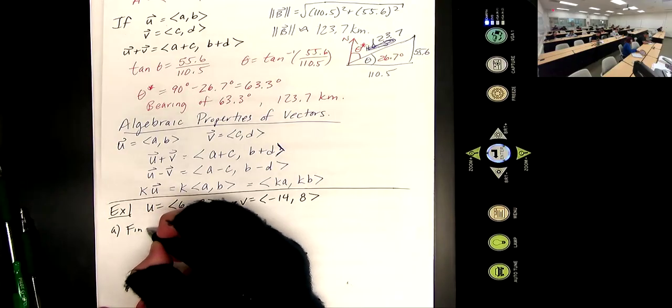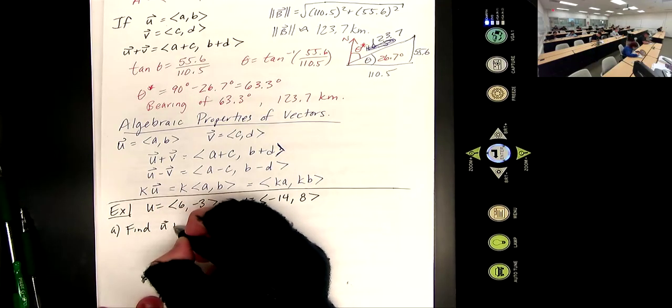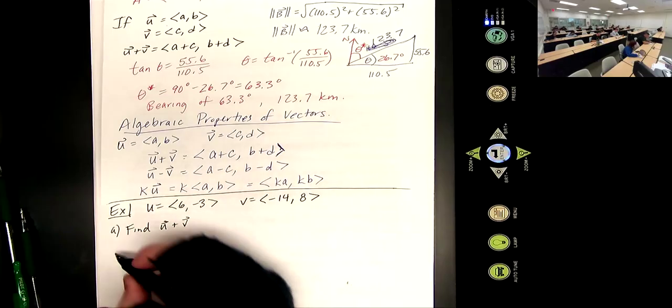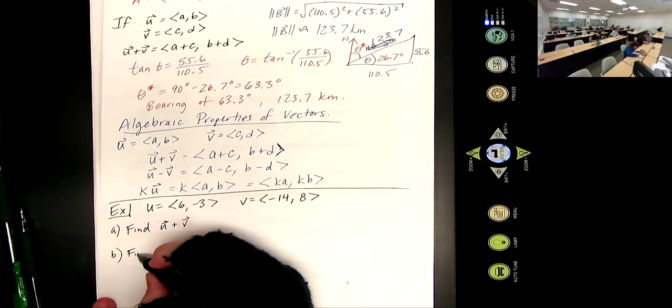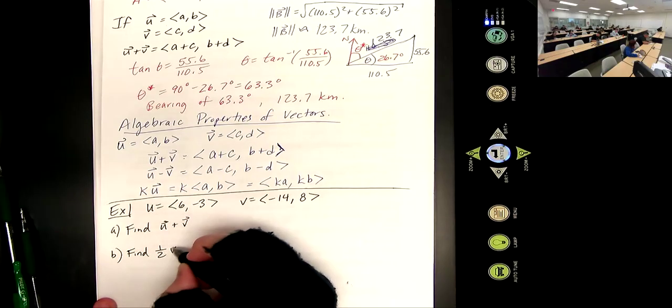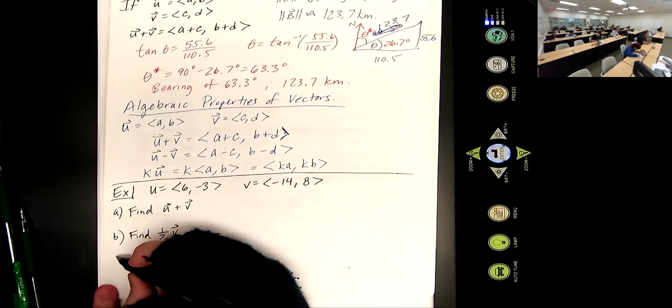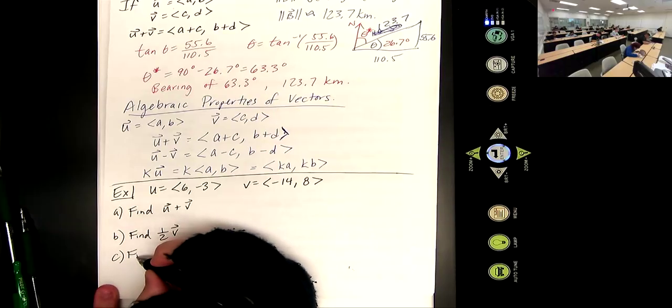Find u plus v. Find 1/2 v. And then find 5u plus 2v.